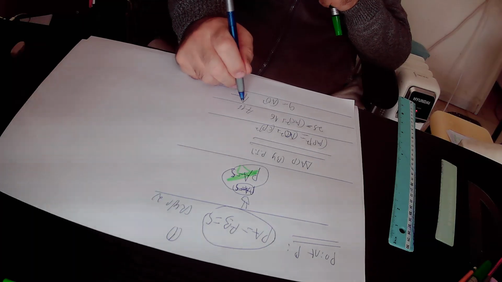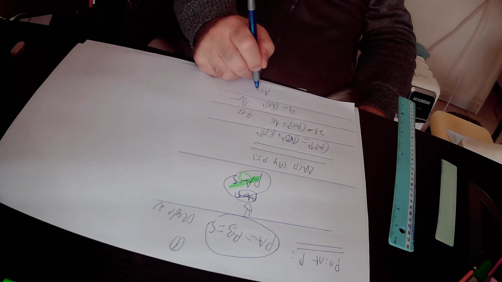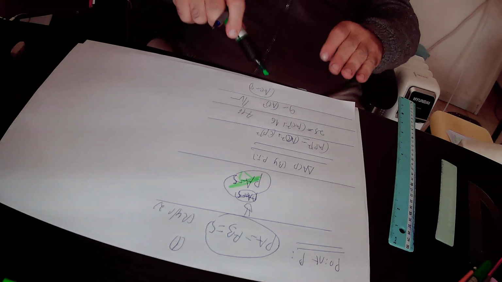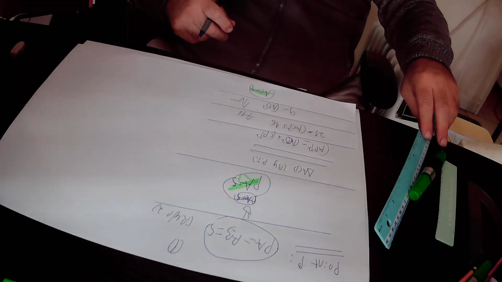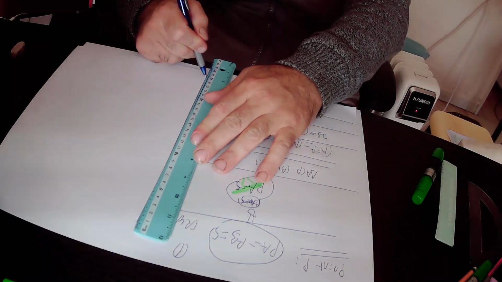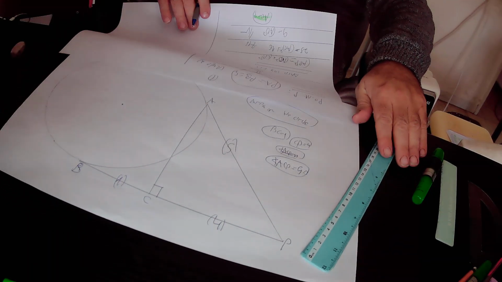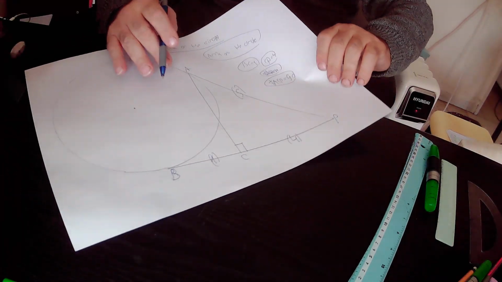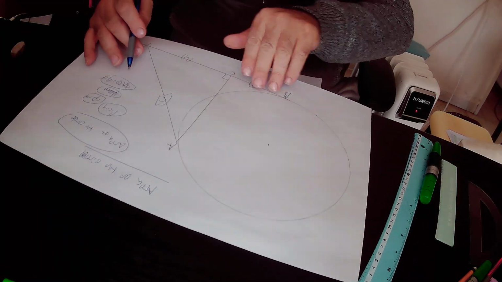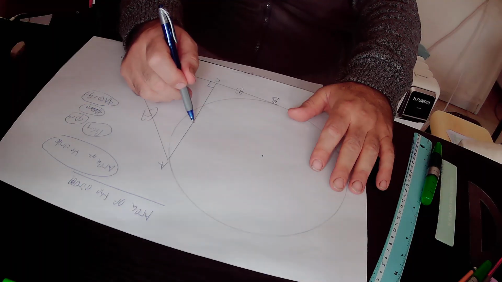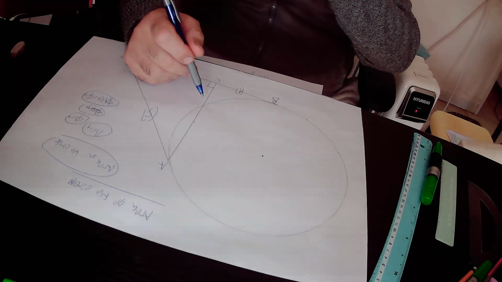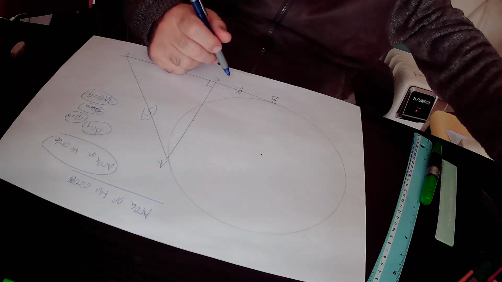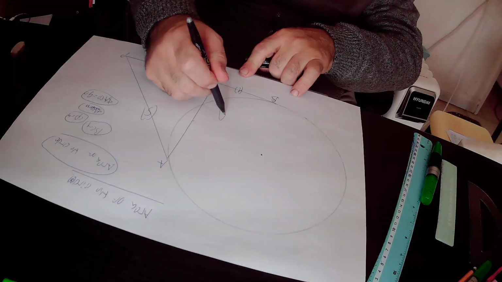We take the square root of both sides and we get that AC is equal to the square root of 9 units, that is to say it is equal to 3. AC equals 3 units in length.